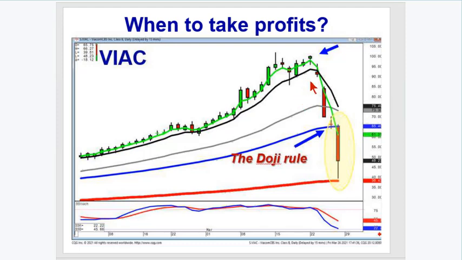What's the worst case scenario? You close out the position. Next day they open positive, start trading positive. Now you can evaluate whether it's time to get back in or whether you want to go on to something else.